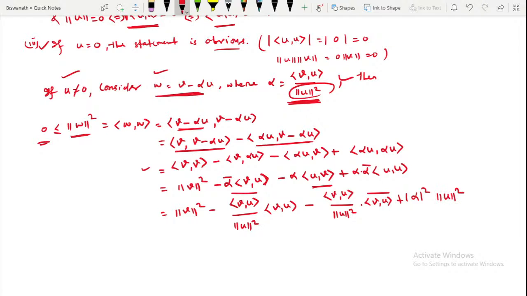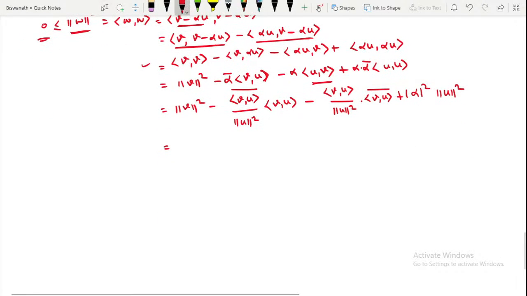Okay, so what we will get here is norm v square, and this is the inner product v comma u with its conjugate, so that is like z into z bar, which is mod z square, so I can write this as the mod of v comma u, squared.